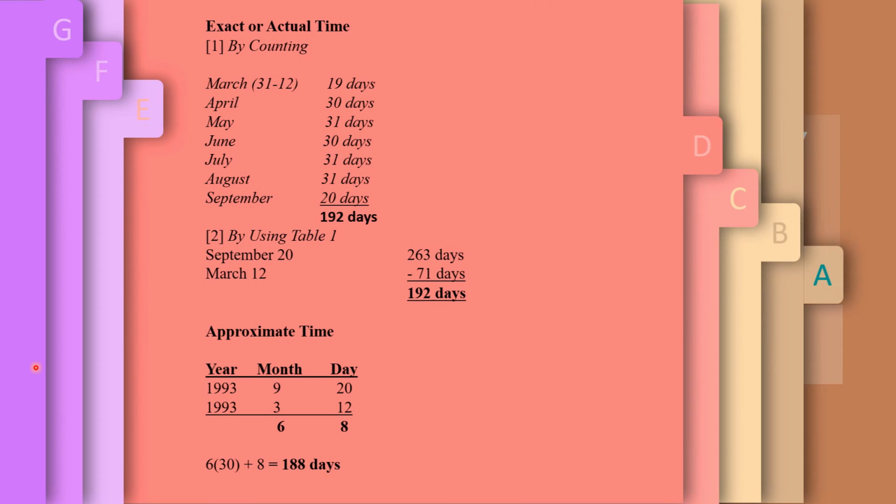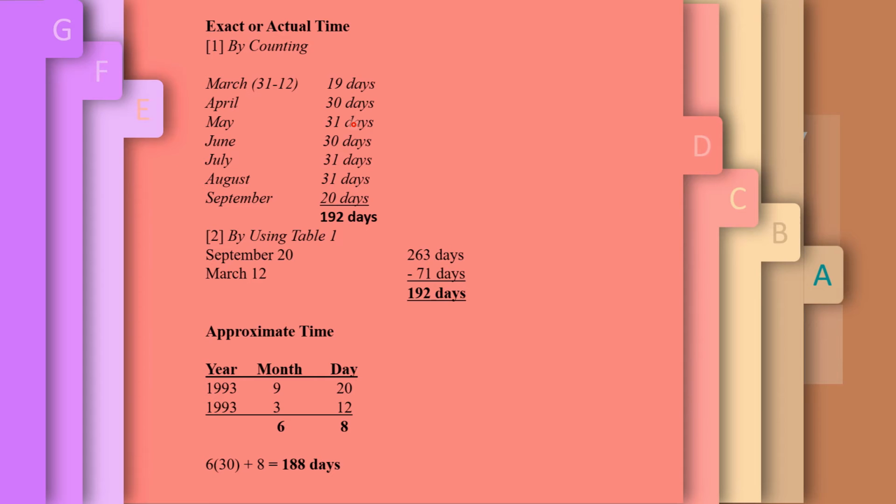So exact or actual time can be solved through two methods. It can be by counting or by using the table 1. So by counting, you have to list down the number of months and the number of days. So from March 12 to 31, there are 19 days. April, 30 days.